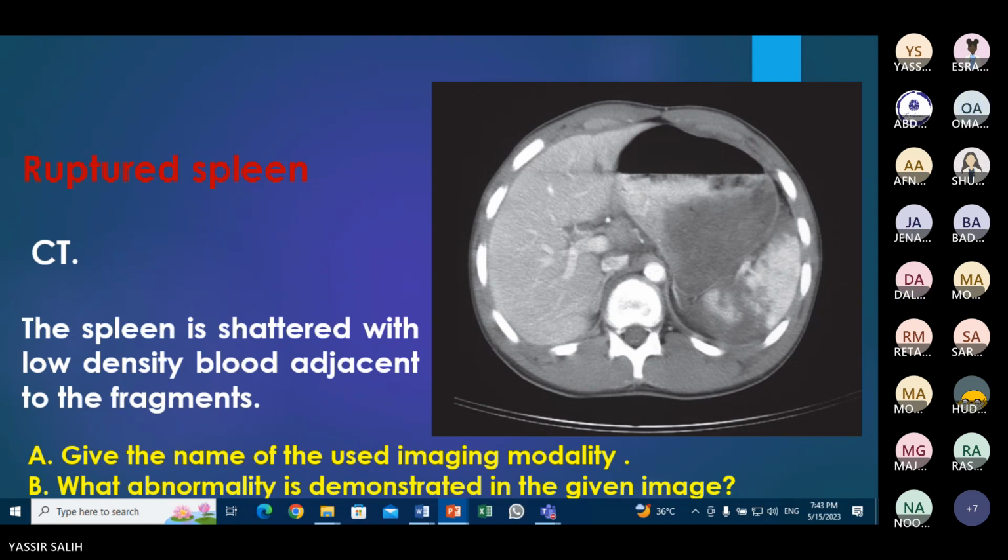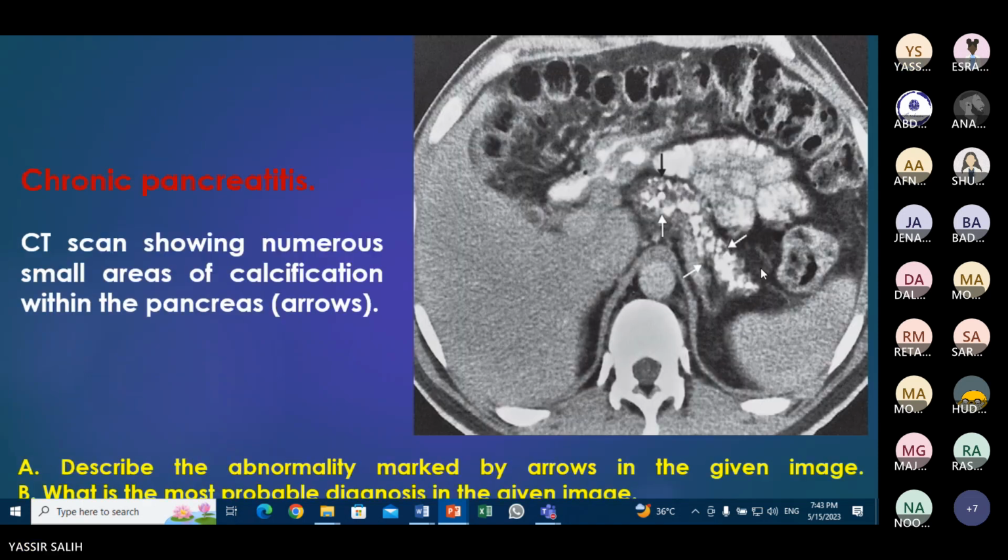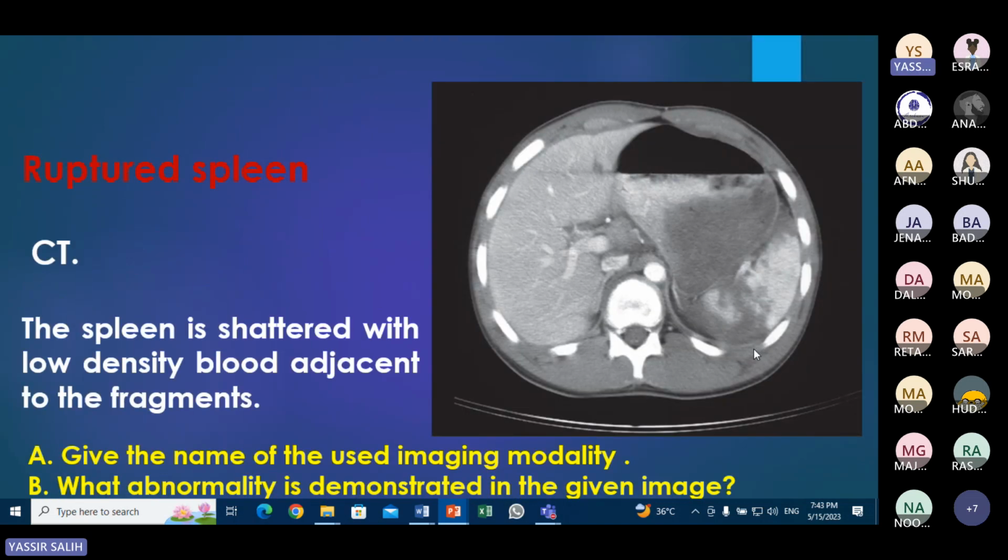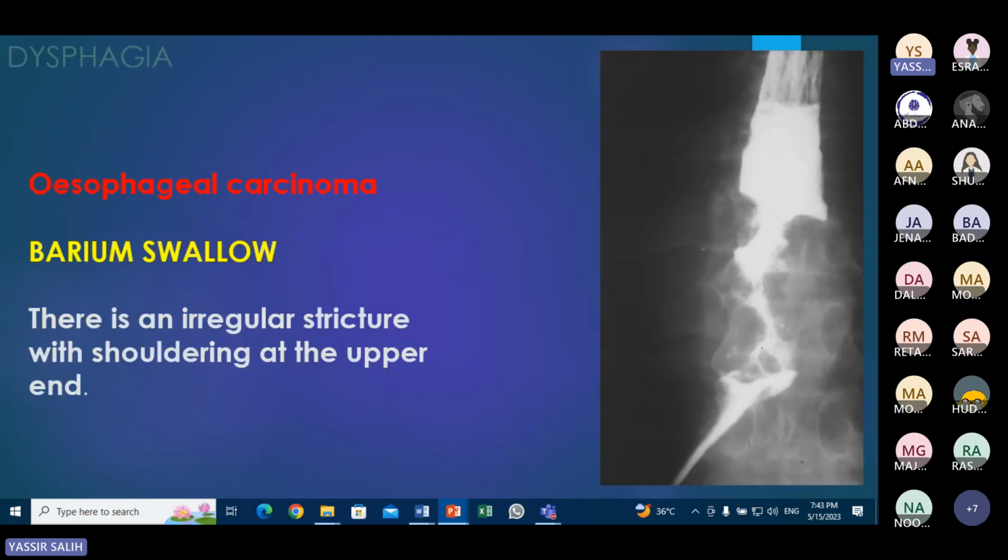Fractured spleen, or shattered spleen, or lacerated spleen. Here the spleen is smooth without any defect. This is a normal spleen, but here there is a laceration or fracture in the spleen. So this is a fractured or lacerated spleen.